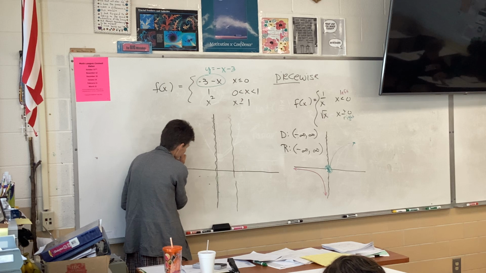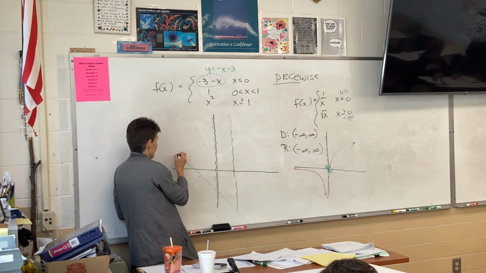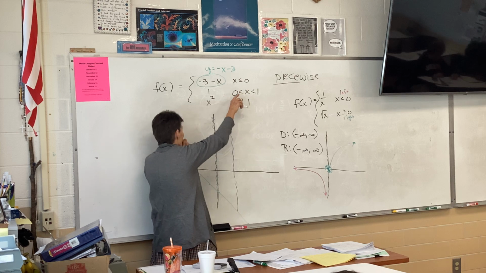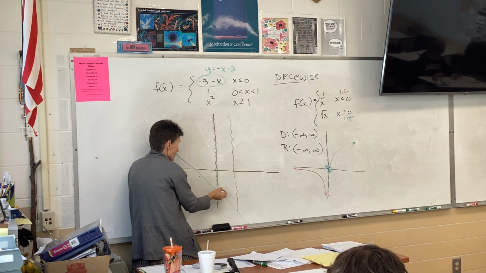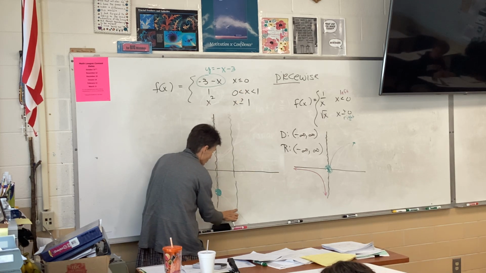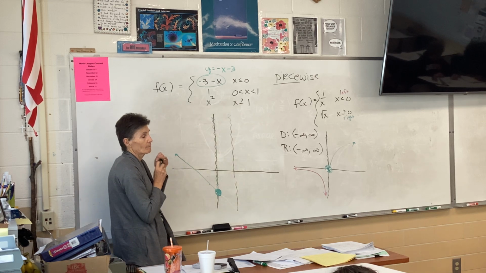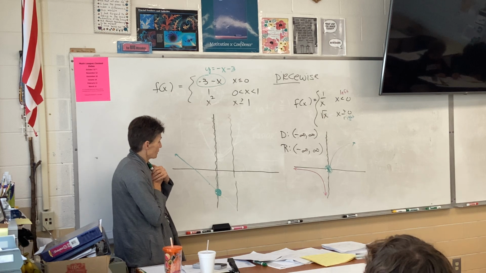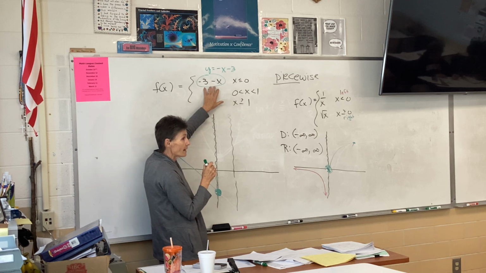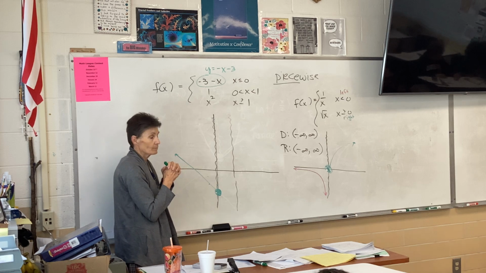So here's my line. That's the whole thing. I just do the whole thing. But what part of it do I want? The solid dot at 0, and then I keep the left, so I really don't even want this part. So there's the first part of it. Does that make sense to everybody? You're going back to first year algebra, you're graphing a line, but you're only keeping part of it in this function.